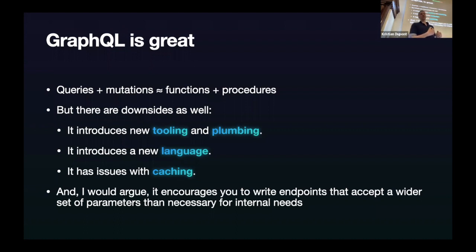My biggest issue with GraphQL for using it internally in a coherent team like the one I'm trying to build is that I think when you are exposing an endpoint that is GraphQL, you're sort of encouraging people to make something that will work with all kinds of parameters because it's a query.